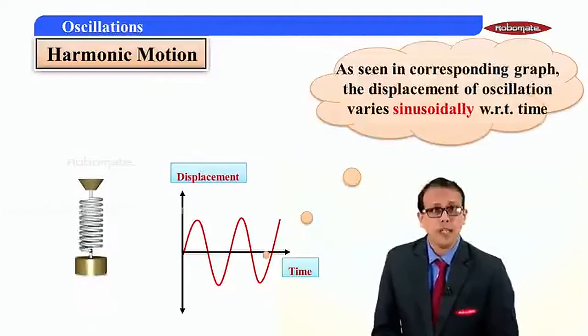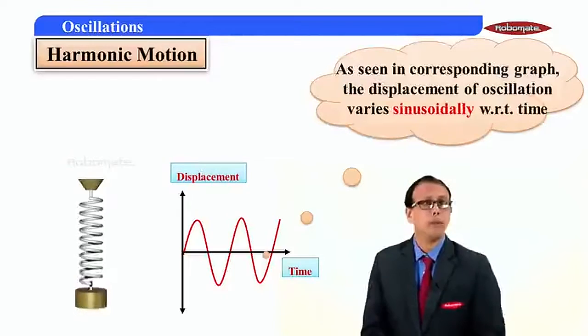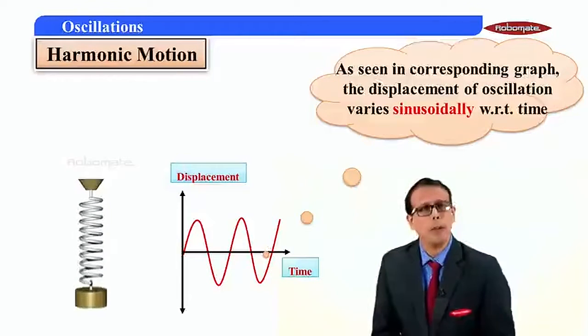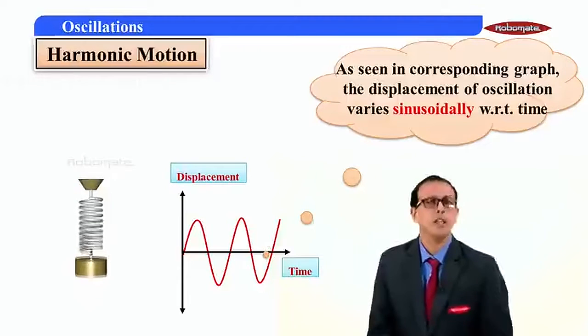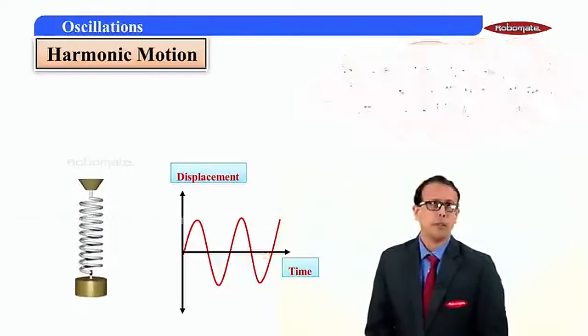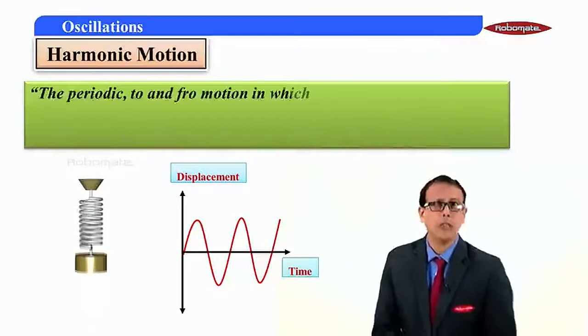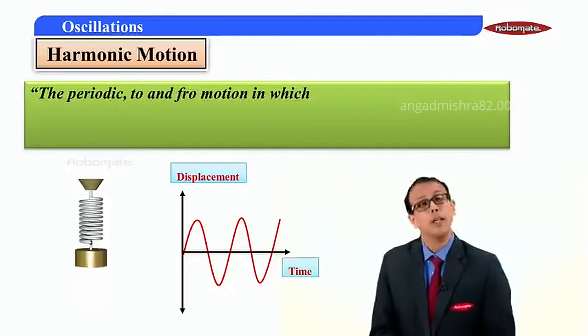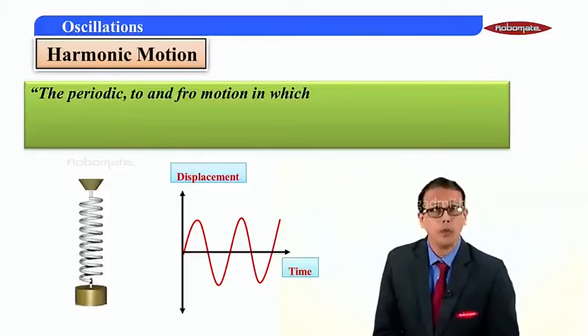So as we see, whenever a particle performs a to and fro motion, the graph of displacement of the particle versus time is a sinusoidal graph or a sine curve. So what are harmonic motions? We can define as the periodic to and fro motion. Here the block is performing periodic to and fro motion.